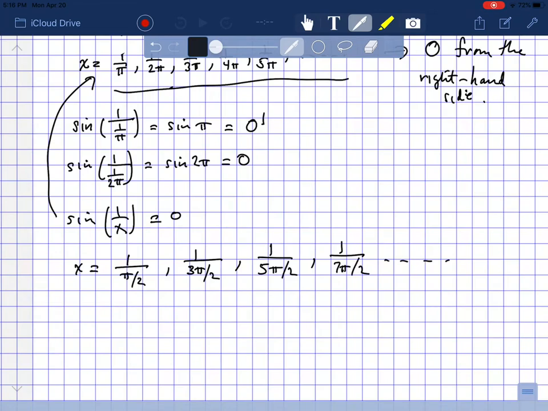Now, these values also approach 0, so these get closer and closer to 0 from the right-hand side.